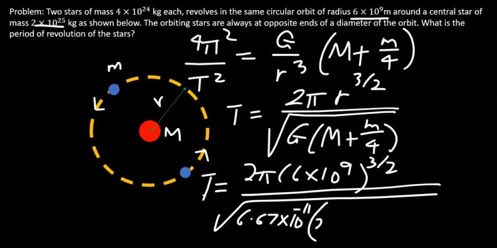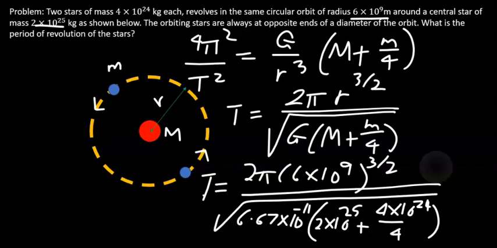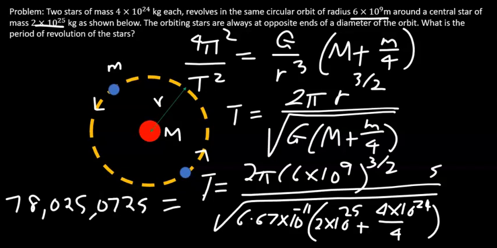Central mass is 2 times 10 to the power 25 kg, plus the little mass is 4 times 10 to the power 24 kg over 4. The unit is seconds, so that's going to give you 78,025,072 seconds. In years, it is 2.47 years. And that solves the problem.